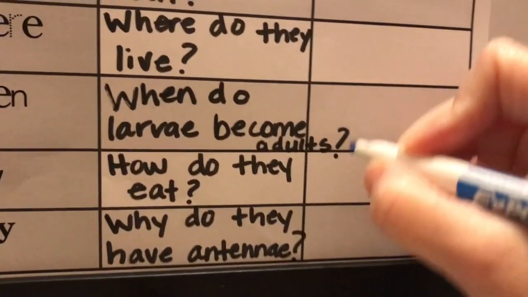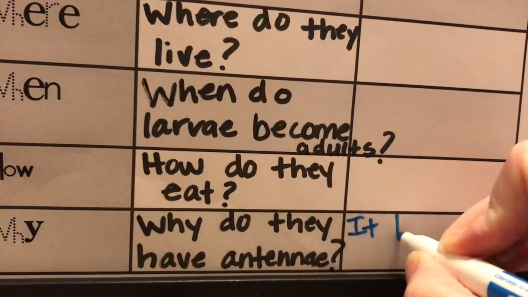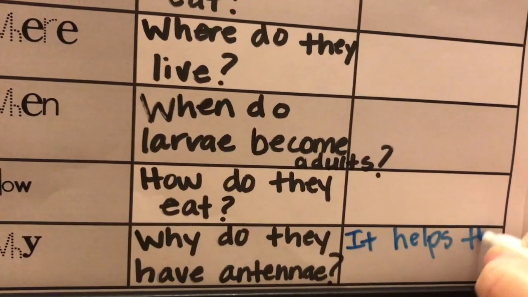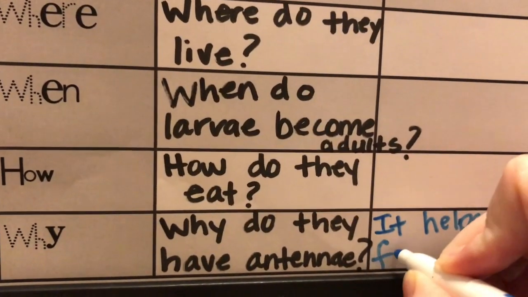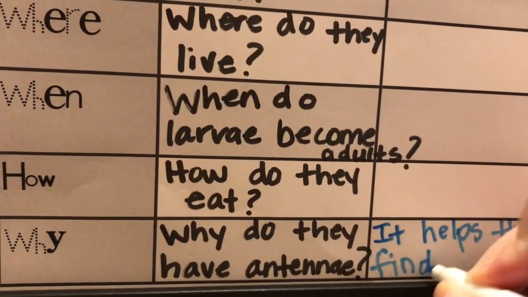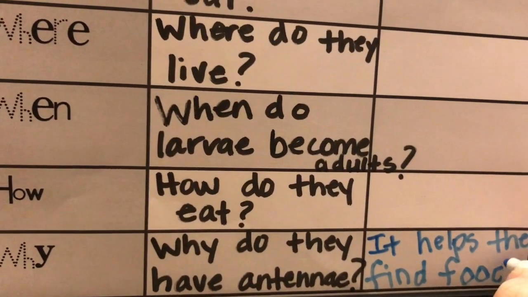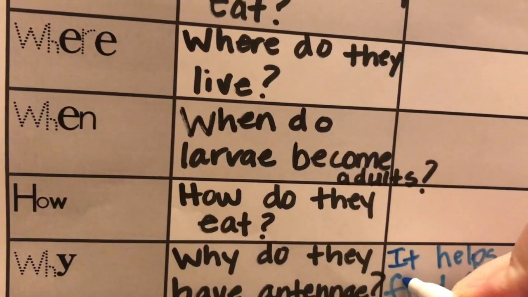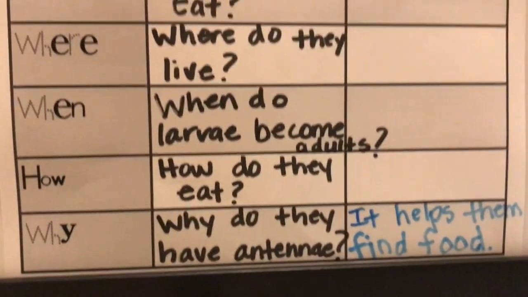So here we can write, it helps them find food. And this is pretty cool for the second graders too, because this is giving them an extra chance to research something a little different. All right, good job. It helps them find food.